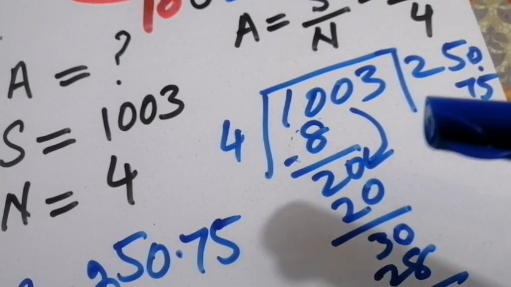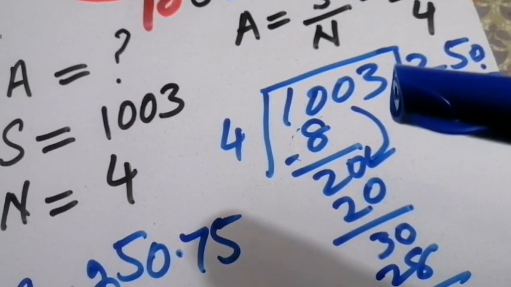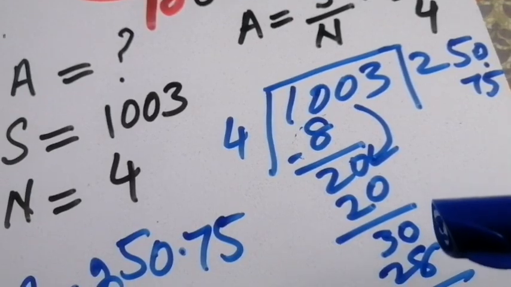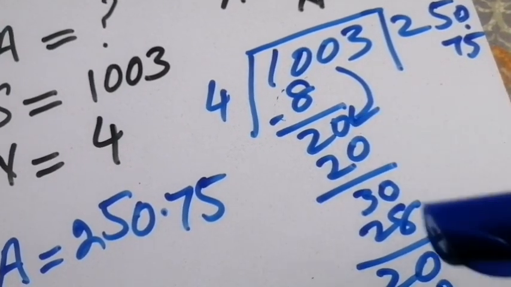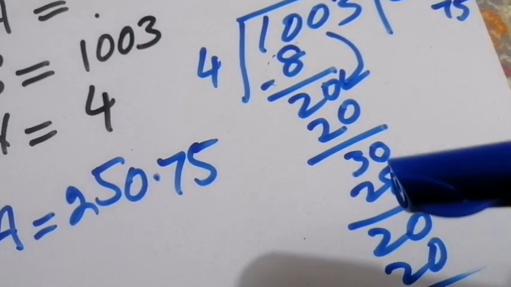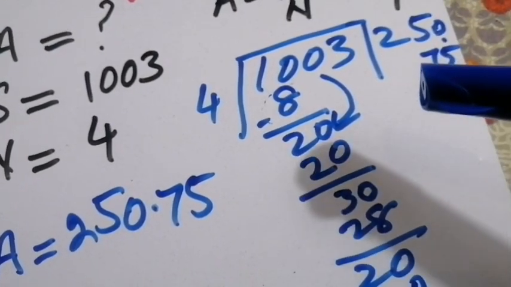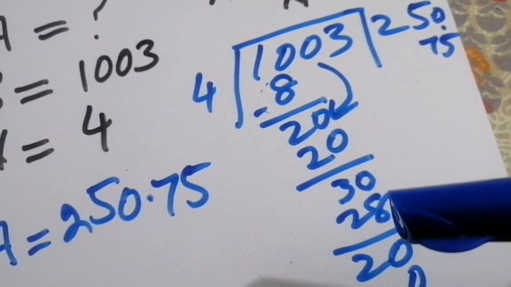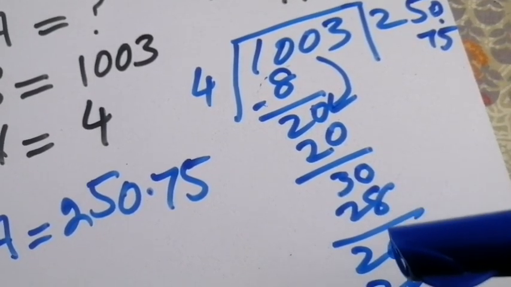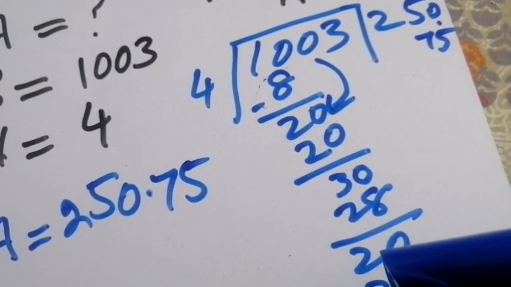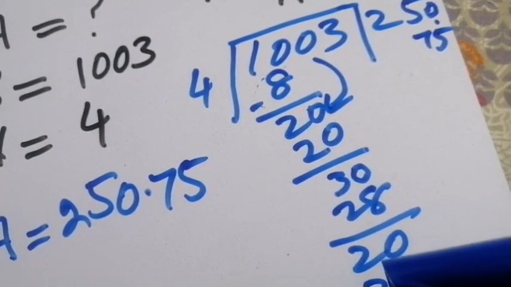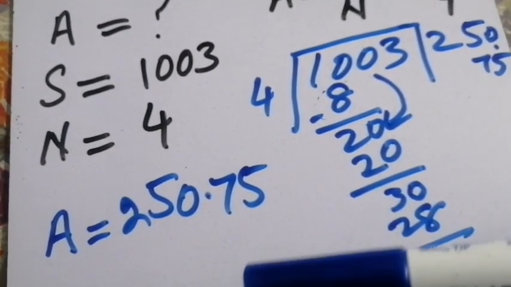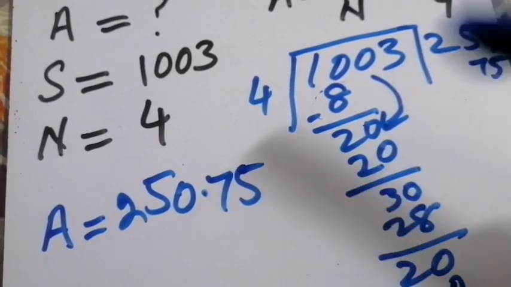Now nothing is left, so we bring 3 here and place a point and 0 over here. 7 4s are 28, and 30 minus 28 is 2, bring down 0, so 20. 5 4s are 20. So our answer is 250.75. That is the average.